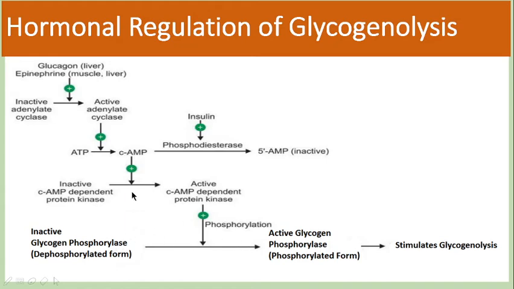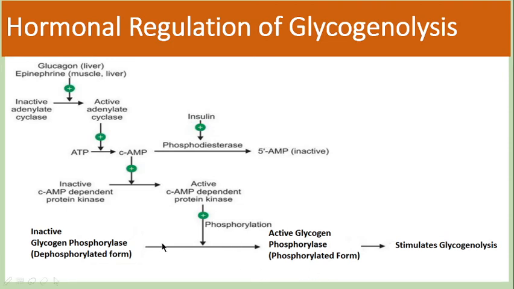Now in glycogenolysis, the key enzyme is glycogen phosphorylase. So we are talking only about glycogen phosphorylase here. In the presence of protein kinase, what will happen to this glycogen phosphorylase? It will be phosphorylated. It also exists in two forms, the dephosphorylated form as well as the phosphorylated form.